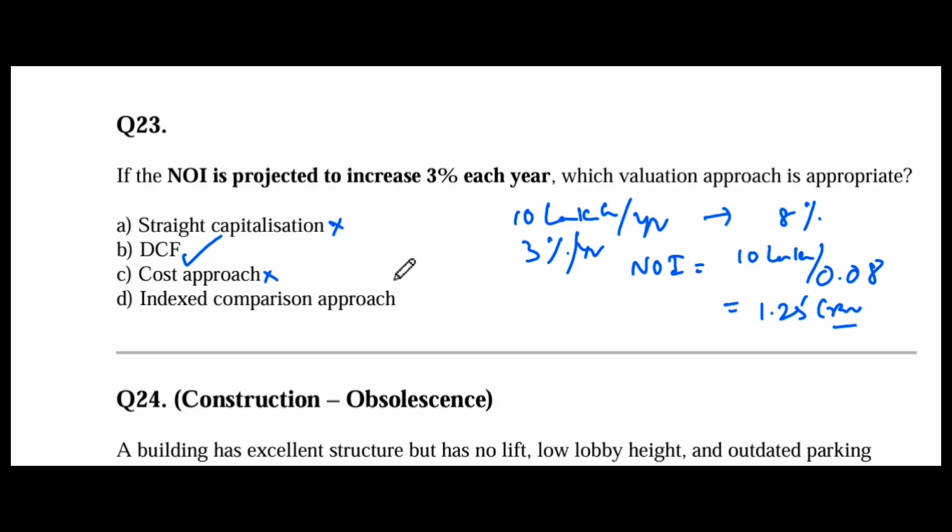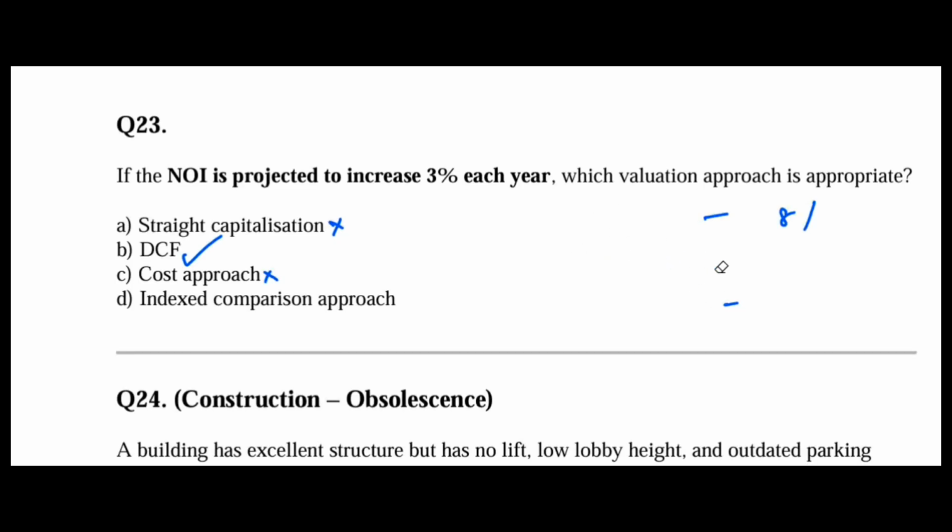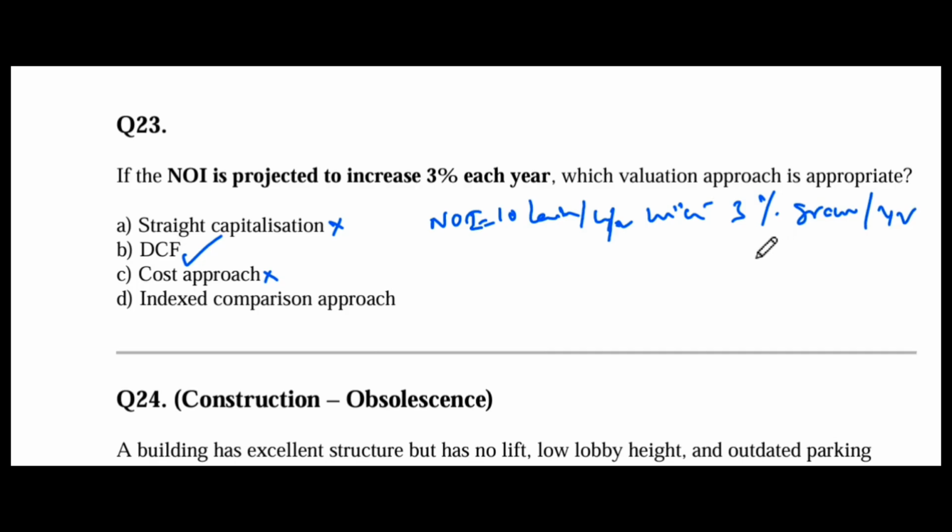So NOI is 10 lakh. I will delete this. So NOI is 10 lakh per year with 3% growth per year, and discount rate is 10%.